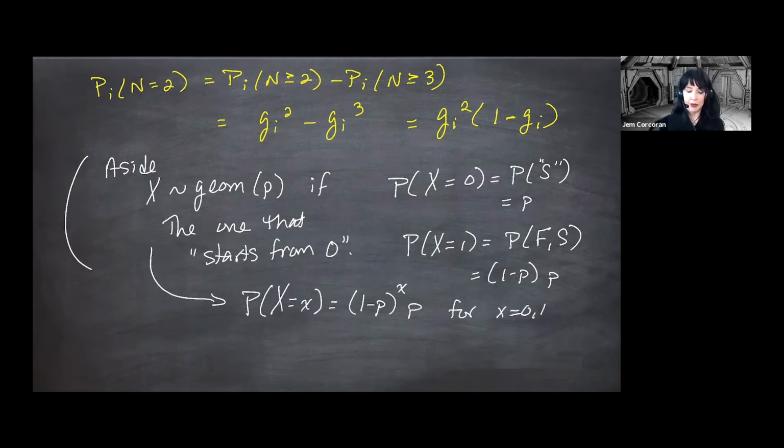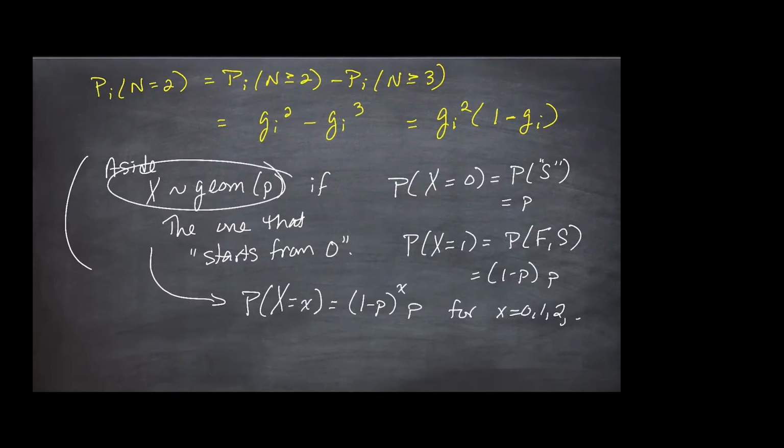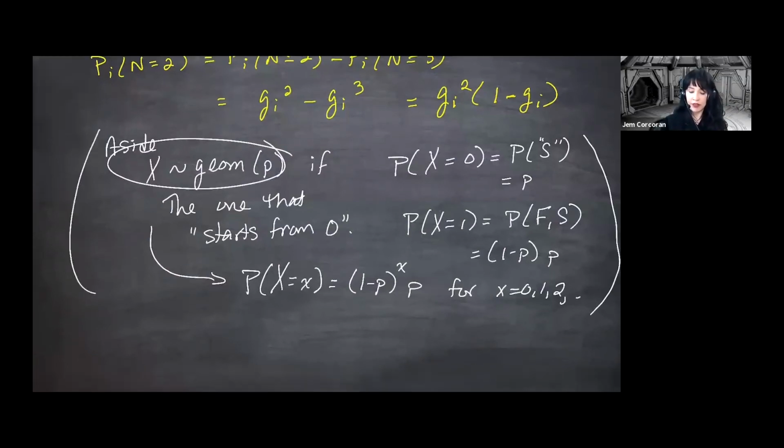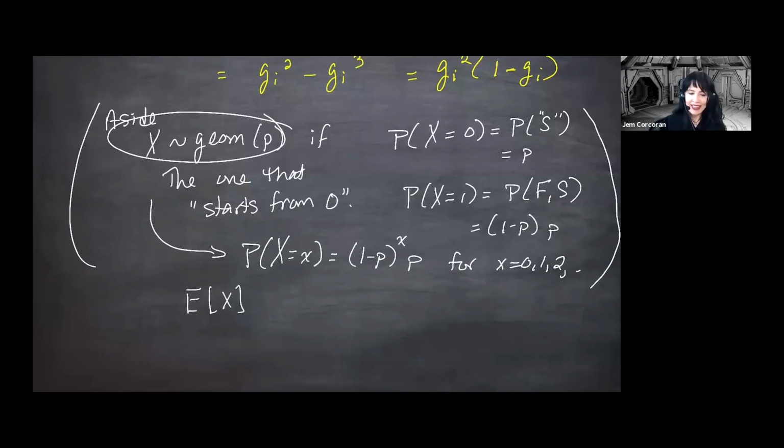This is one of the two geometric distributions. I don't want to do the mean of this, but you could look up or recall the expected value of this geometric, which is 1 minus p over p. If you're looking at the other geometric that starts from 1, it's 1 over p.